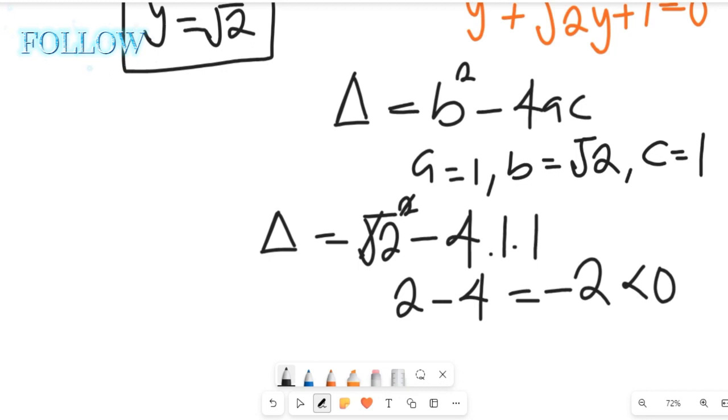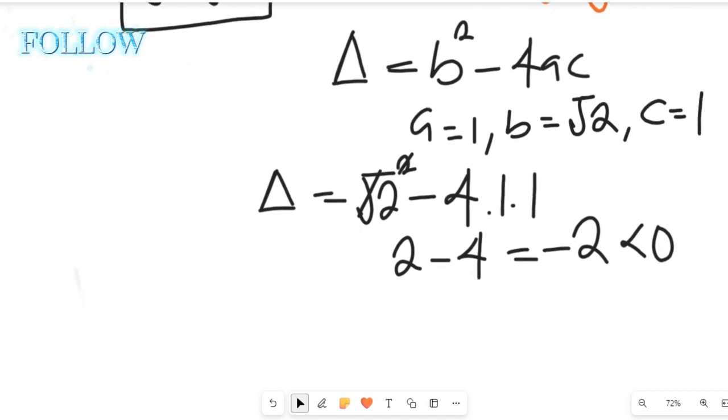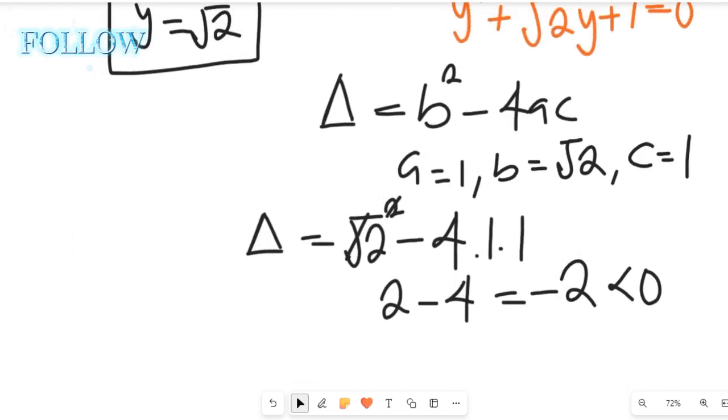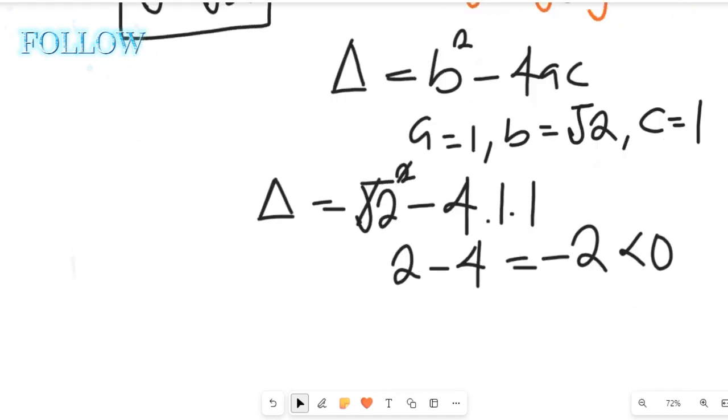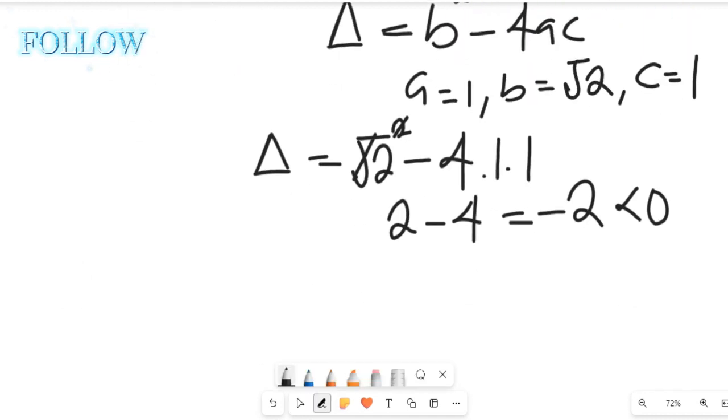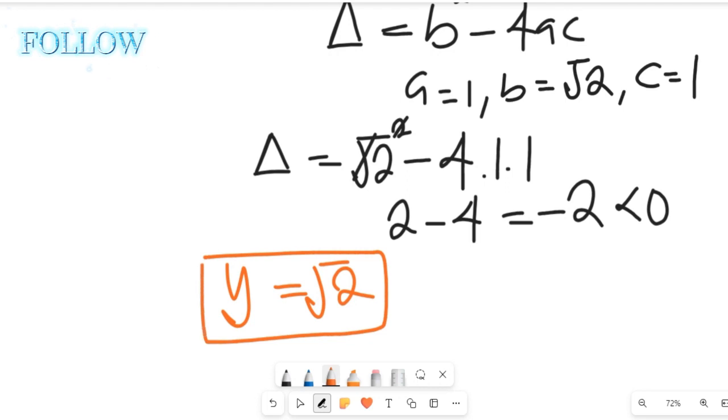So for it to be less than 0, that tells us that there is no real solution to that question. If we end up solving this, we're going to have imaginary solution. So our only solution to that expression is y equal to root 2. That's the only solution to that exponential equation.